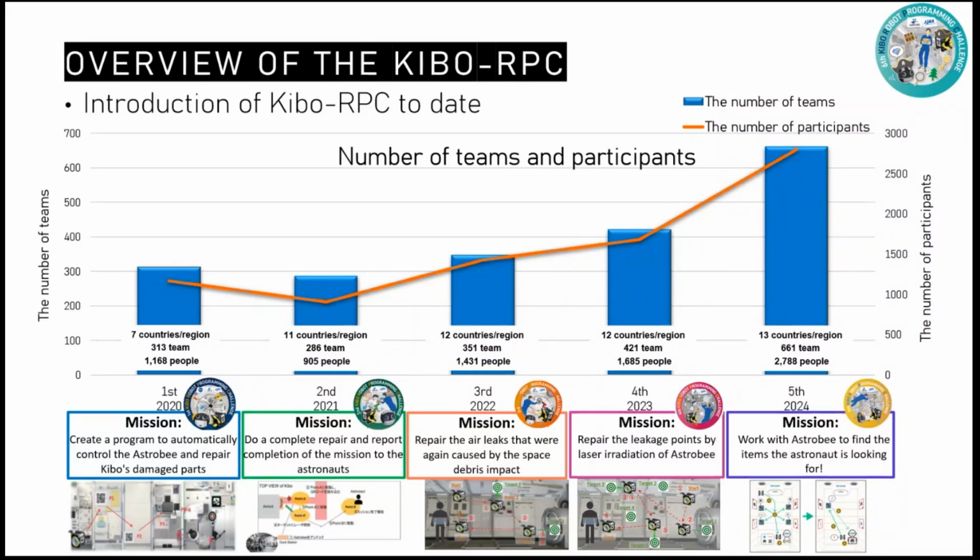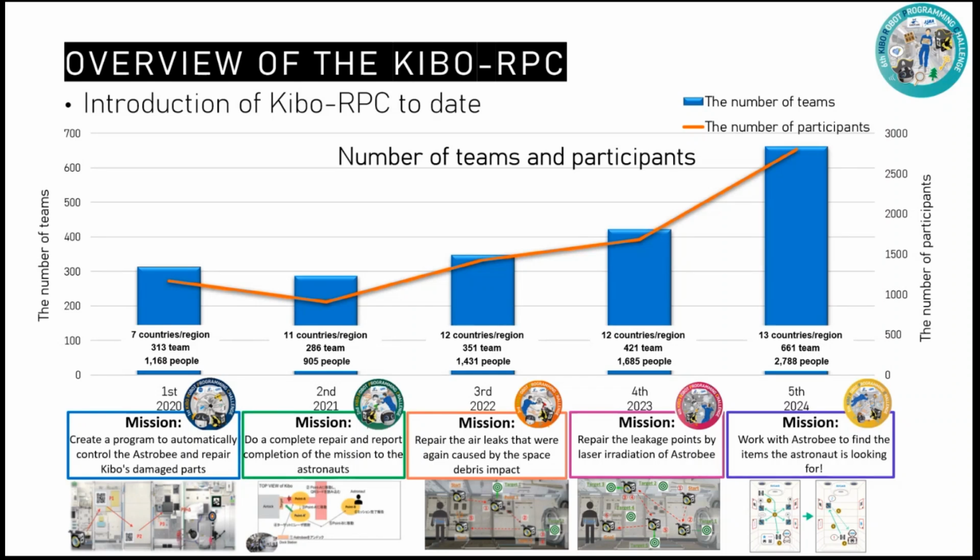You can also see an overview of the number of participants for the previous years on the screen. Since 2020, the first edition, participation has greatly increased. The number of teams and participating countries has doubled since the first edition, as you see.